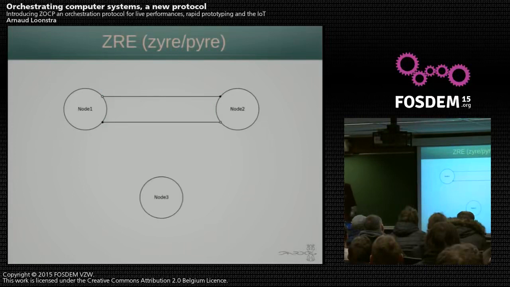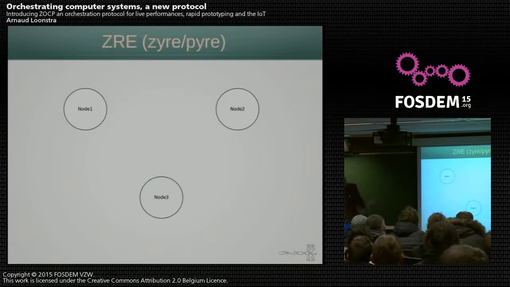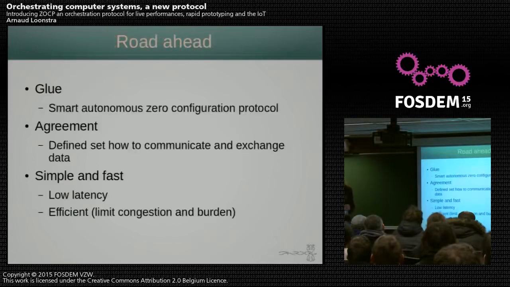Imagine a third node coming, it broadcasts, they can do a handshake, and now they're interconnected. And the nice thing about Zaire, we don't have to deal with this anymore. We now have a network of interconnected nodes, and we can whisper from one to the other, or we can shout, like that's group messaging. And that's what we use in ZOCP as well.